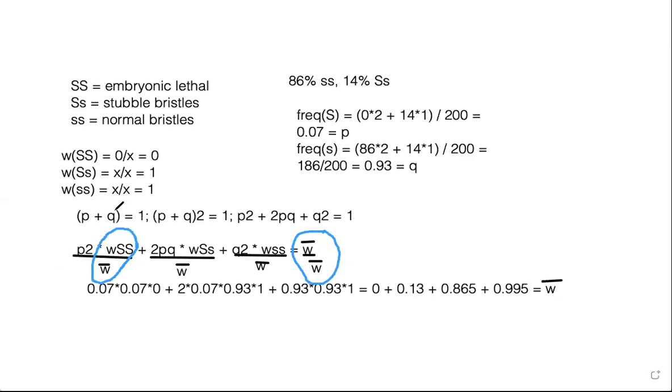If W big S is less than W bar, then this fraction, W big S divided by W bar, is going to be less than 1, right? If the numerator is smaller than the denominator, the fraction is going to be less than 1. And in fact, in this case, that fraction is going to be 0. So 0 divided by W bar is going to be something less than 1.